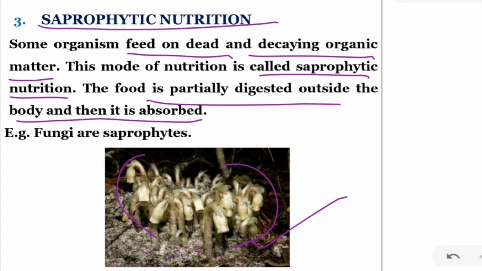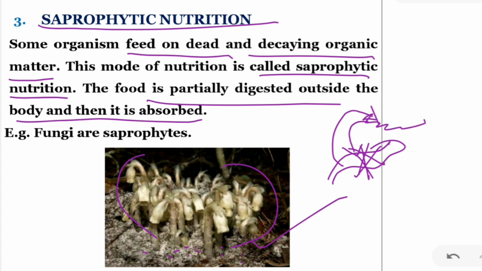So how do saprophytes take the nutrients? Suppose imagine that this is a dead body and this one is the saprophyte. The saprophyte digests this food outside its body and then absorbs the nutrients back. Like what happens in our body? We eat the food, we digest it inside and we absorb the nutrients, right?